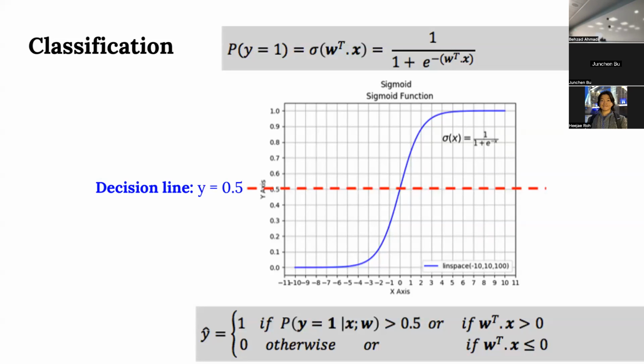Looking from the perspective of the line, this is Z. Z larger than 0, you predict 1. Z smaller than 0, you predict 0. But you also have the probability in between. So a 0.6 is different than a 0.7. Although they are all mapped to 1, you know what confidence you have in those.